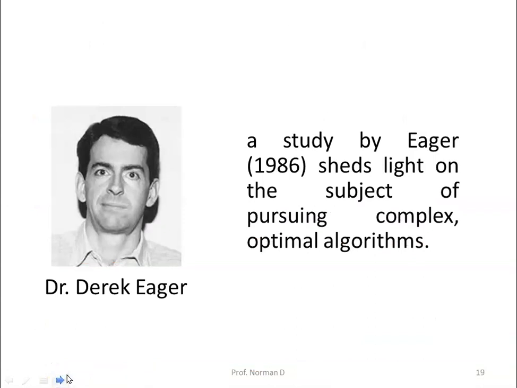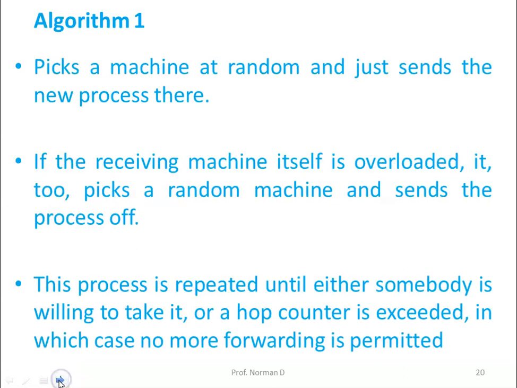Now in the year 1986, Dr. Derek Eager shed light on the subject of pursuing complex and optimal algorithms. So basically he considered three algorithms. Algorithm 1. The job of this algorithm 1 was it picks up a machine at random and just sends the new processes to that machine.